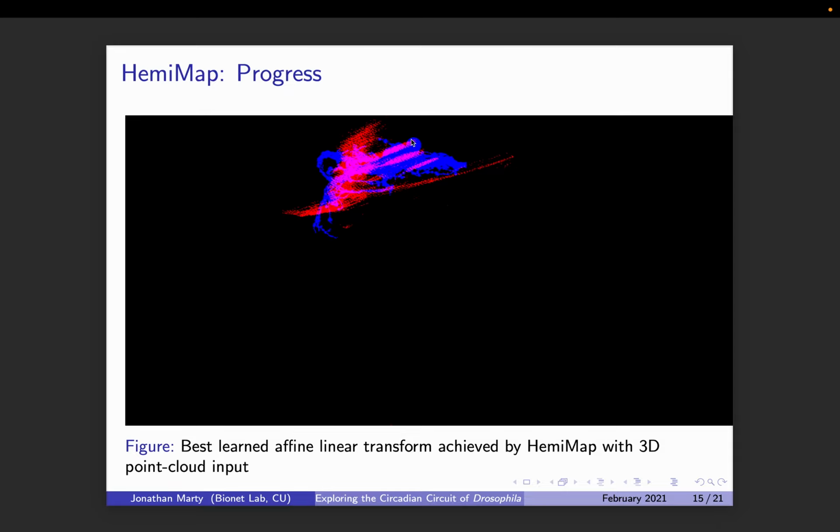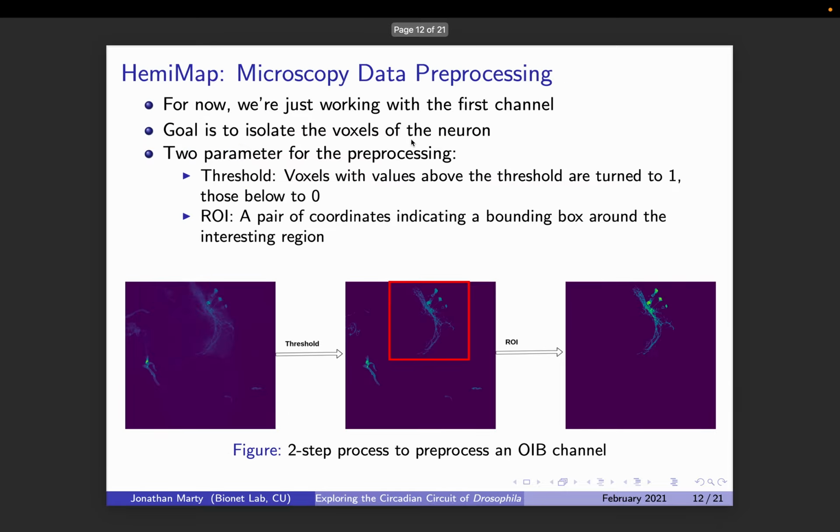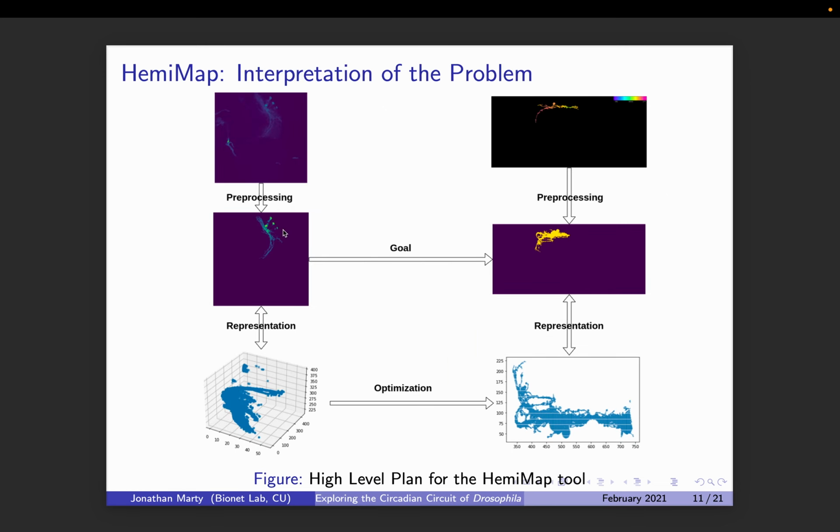To try and solve this in a very heuristic way, I took a look back at this HemiMap, at this microscopy image here, like this cross section that I'd created, and this packbits representation.